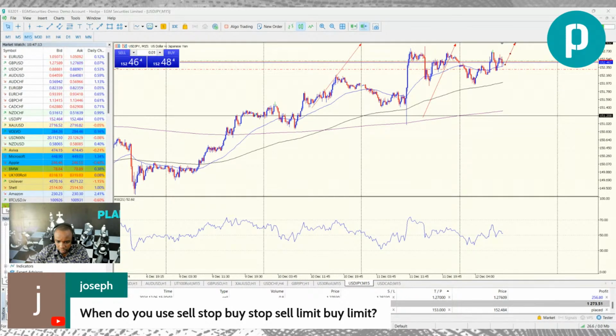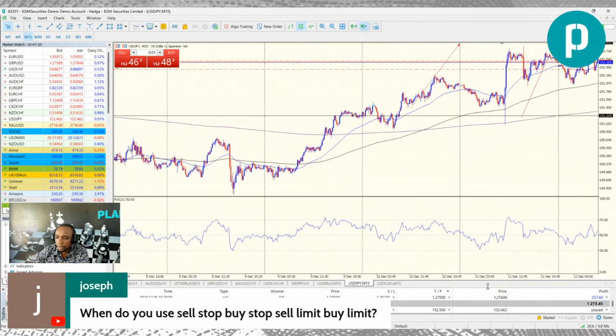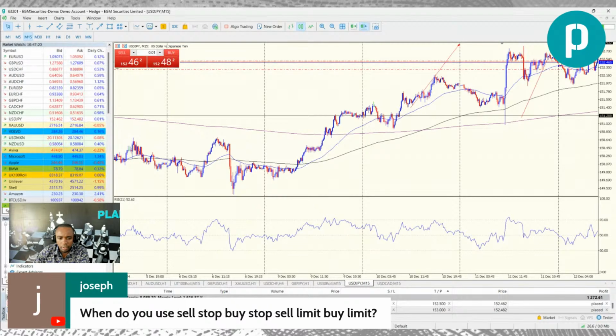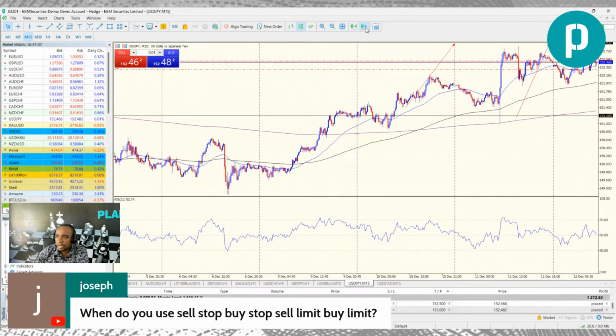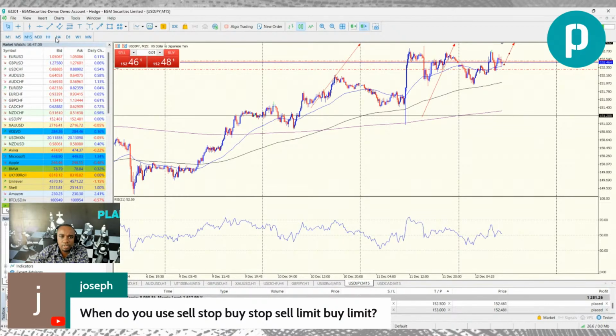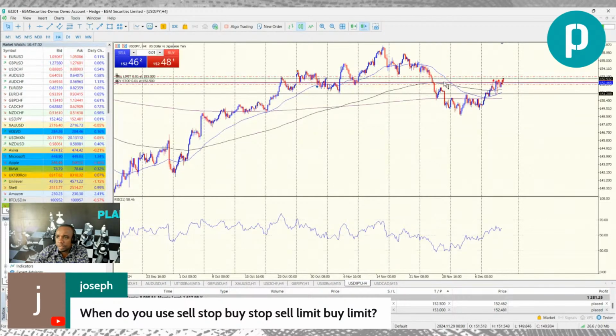And then take profit 152.50. Say place. So this is now what you call a sell limit order. So what have I done? I've said that I want this trade to come here, to 153, hit my sell limit order, and then sell. So a sell limit order is set up when you're looking for opportunities to sell.